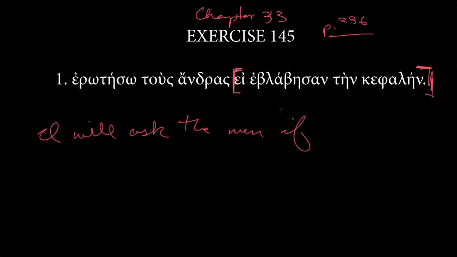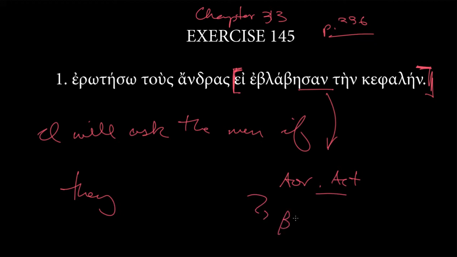So I will ask the men if they, because again we can see this plural aorist ending, eblabēsan. Well, what form is that? So we might think, oh, well, we have what looks like an aorist active ending, right? So you might think, yes, from the third principal part, eblab-, and then tag that on and you would be there.